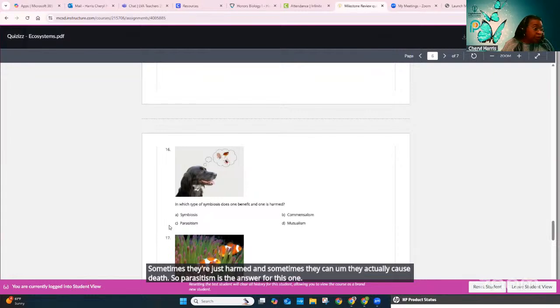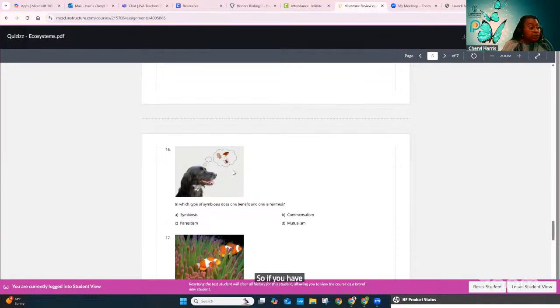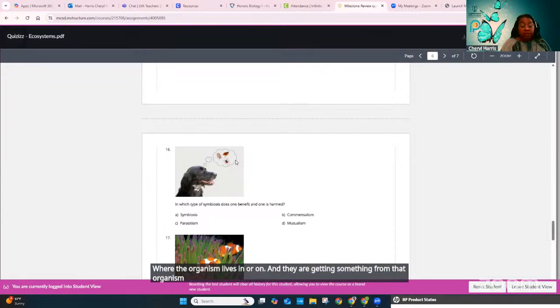So if you have pets, fleas and ticks and tapeworms and things like that, where the organism lives in or on, and they are getting something from that organism, they're getting the food, or they're sucking their blood, that's the organism that benefits, but the thing that they're living in or on could be getting weaker.